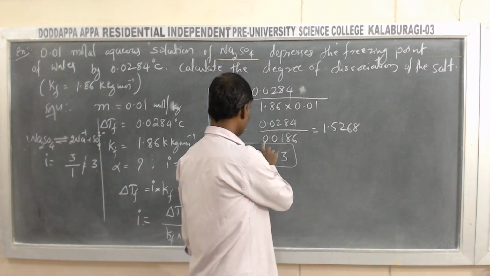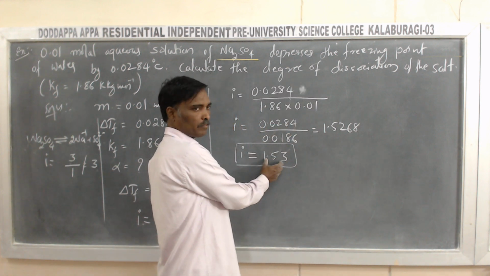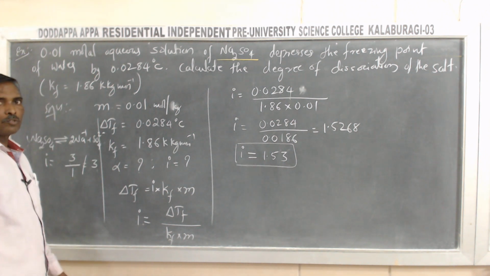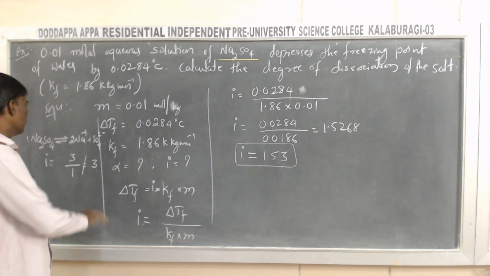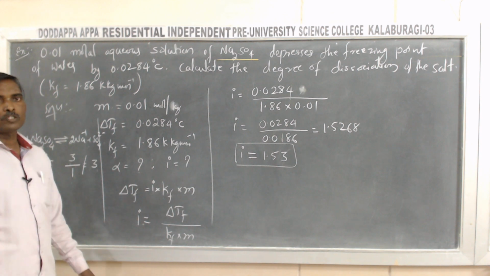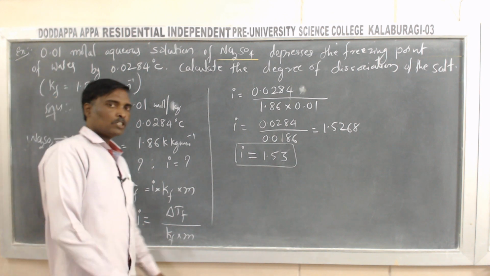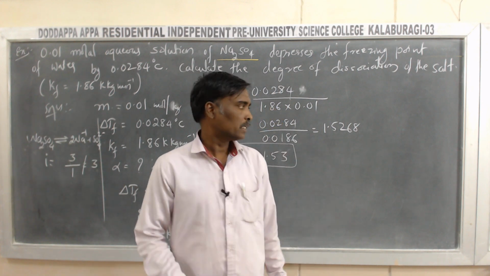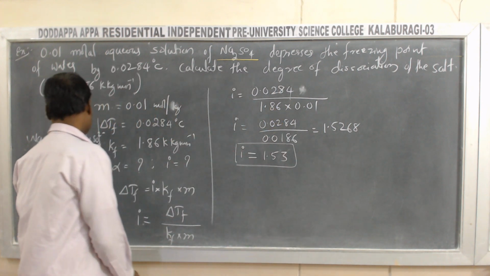So the Van't Hoff factor we calculated is 1.53, nearly half of 3. That means half gets dissociated, and still half of the sodium sulfate remains undissociated. Then how much is the degree of dissociation, the percentage of dissociation?